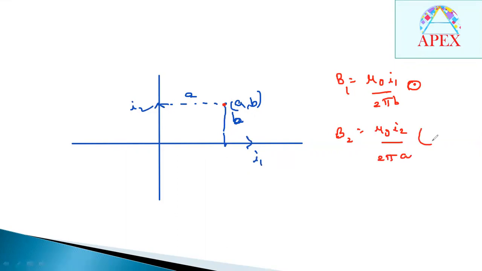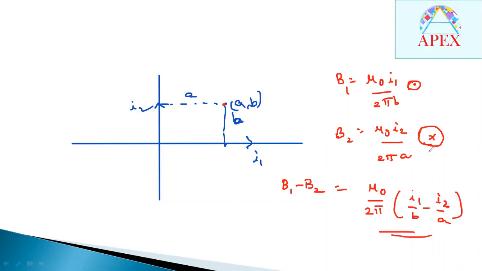In this case also, if we apply the same right hand thumb rule, the magnetic field will be inside the page. So the resultant, if you want to find out, you can just take B1 minus B2. Then what is the common factor? Mu naught by 2 pi is the common factor, and then I1 by b minus I2 by a. And this is the answer for the resultant magnetic field.